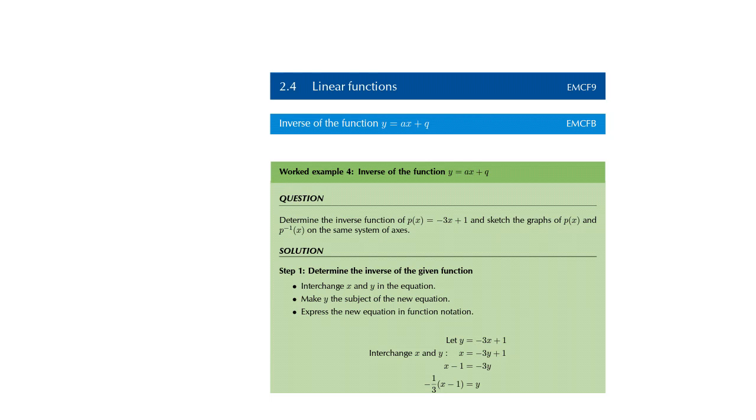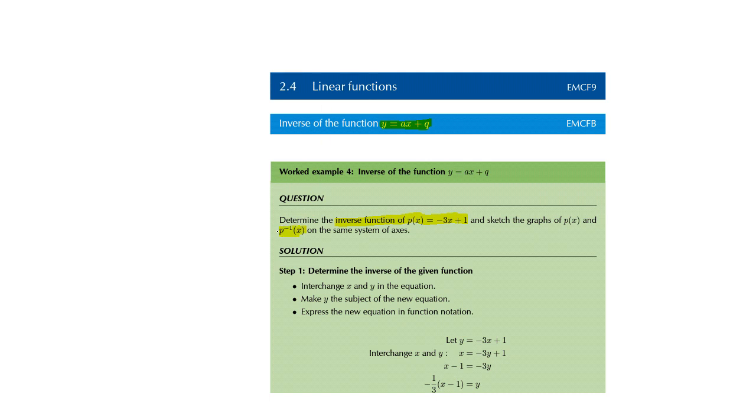So if we say we have a linear function, we are talking about a function that meets this general formula, y is equal to ax plus q. In this question, they were asked to determine the inverse function of p of x is equal to -3x plus 1, and sketch the graph of p of x and p to the -1 of x on the same set of axes.